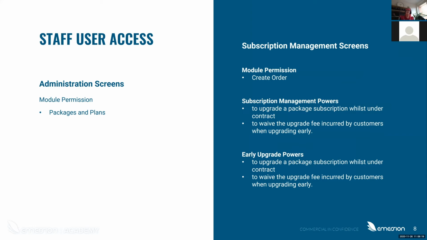There are also some additional powers to refine how much power people have around early upgrade. You can have an early upgrade power to upgrade a package subscription whilst under contract. You can turn it on and off, and you can also waive the upgrade fee. If you don't want to turn those on, or want to keep those for special people, we have separate powers around that, so you can do that accordingly.